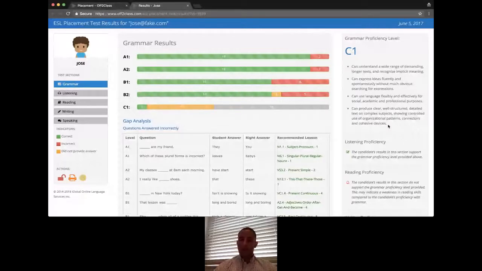But more useful than the overall grammar proficiency level is that I have a number of can-do statements here that are written in clear, non-technical language that I can use to start to form a picture of what this student can and can't do. And I can start applying that to other subjects, not just English, but also what the student can and can't do within math, within science, and within history, for example.